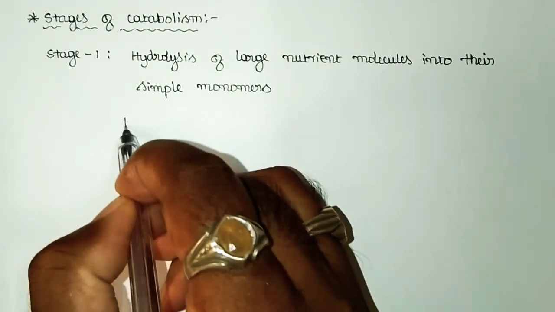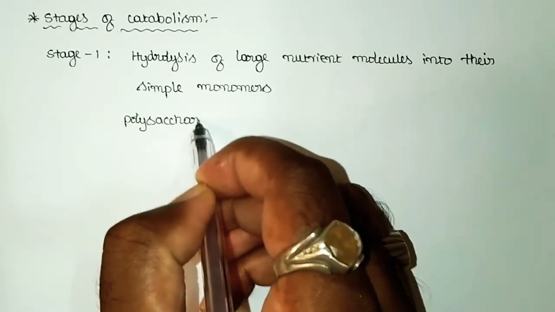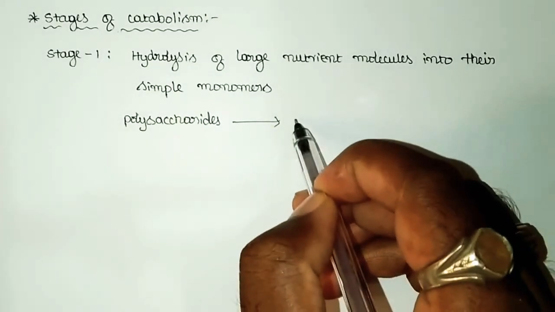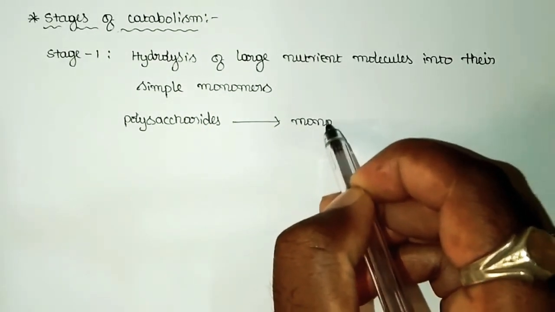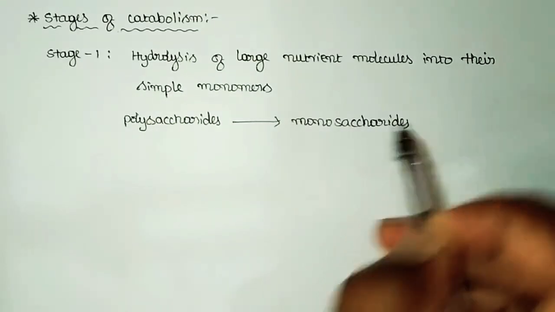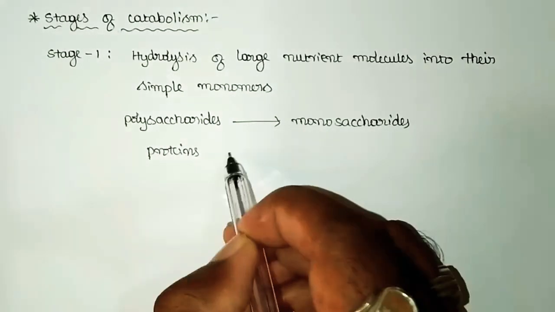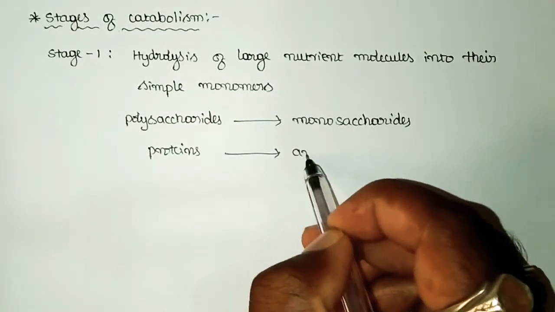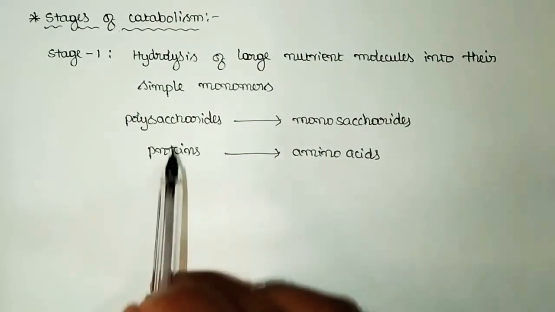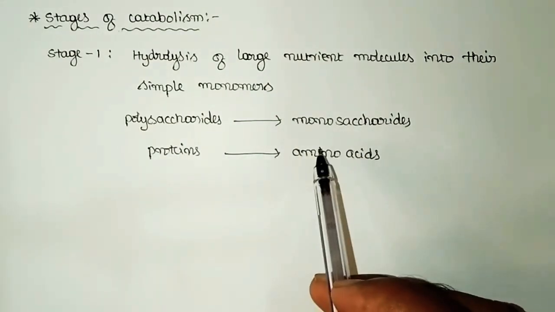If you consider polysaccharides, they will undergo hydrolysis in the digestive system to produce monosaccharides. And the larger nutrient molecule, a protein, will be hydrolyzed to give amino acids. Like this, the larger nutrient molecules will be hydrolyzed to give their simple monomers.